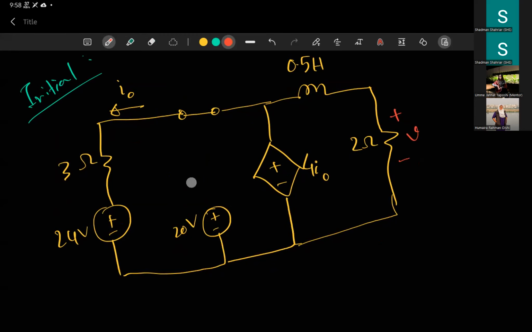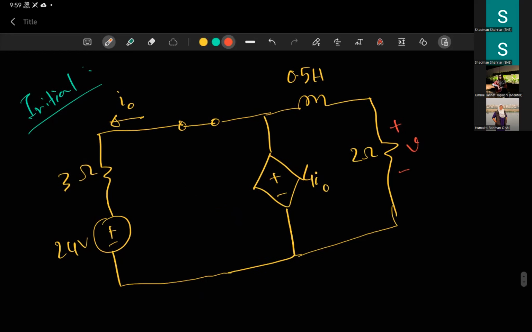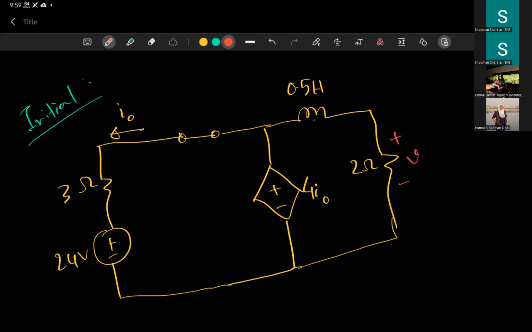You have to find this voltage, but you have an inductor here, so what you should try to find is this current. What's the value of this current? I'm going to name it I, typically writing inductors with L. And if you know this current, can you find V?